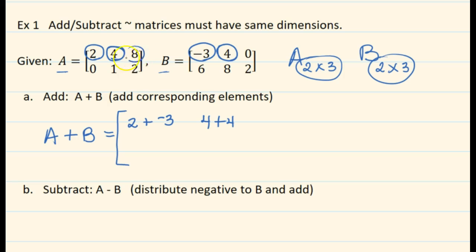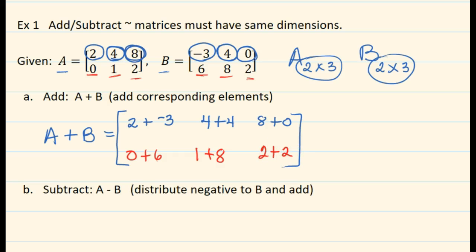In the first row, third column, there is an 8 and a 0. I'm going to do the same thing down here. Second row, first column is a 0 and a 6, so I'm going to add those two together. I'm going to add the 1 and the 8, and I'm going to add the 2 and the 2.